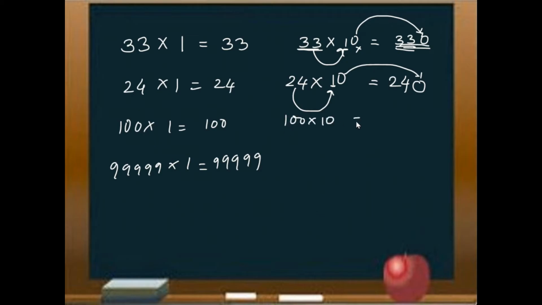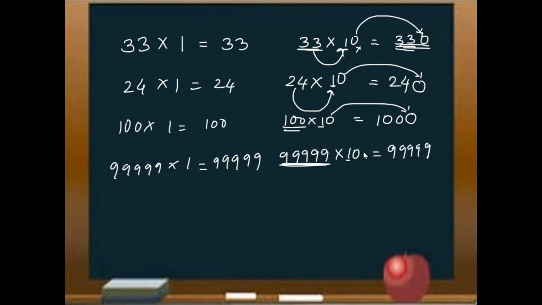100 times 10. So 100 times 1 is 100 and drop down this 0 at the back. So it's 1000. Similarly 99,999 times 10. So you will do 99,999 times 1, which is again 99,999, and drop down this 0 at the back.